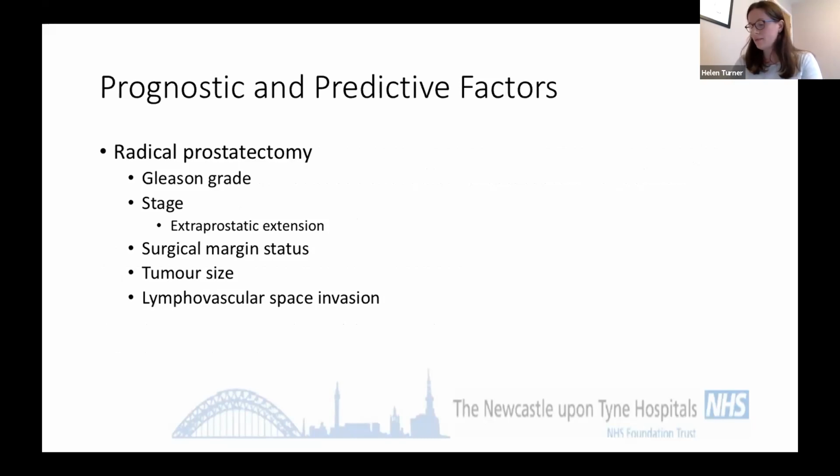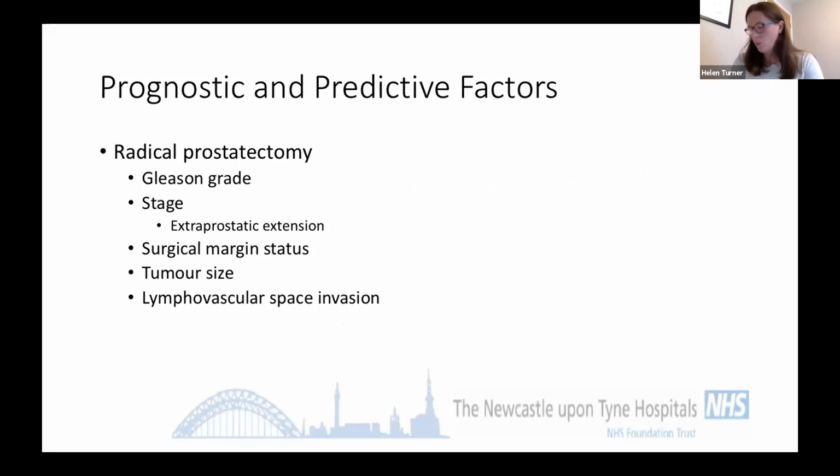For completeness, here's a list of the pathological factors which are of significance when we assess radical prostatectomies. Again, good old Gleason grade is the most useful prognosticator, followed by pathological stage. It's well documented that spread beyond the boundary of the gland is associated with a higher rate of recurrence.